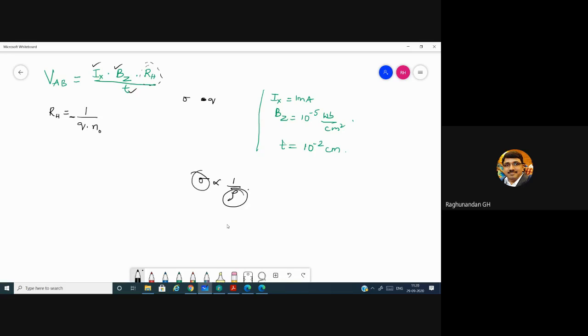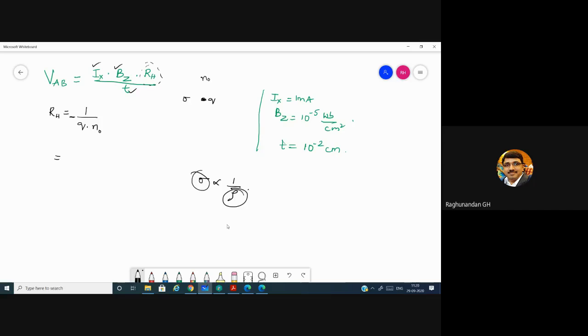They are not going to tell you any direction. That's why, whenever we consider conductivity, even though you are taking n naught, you will not consider minus. That is the reason. But in the Hall coefficient, we need to insert minus because we are finding the Hall coefficient for the electron concentration.